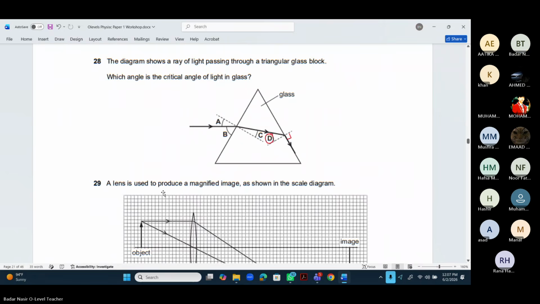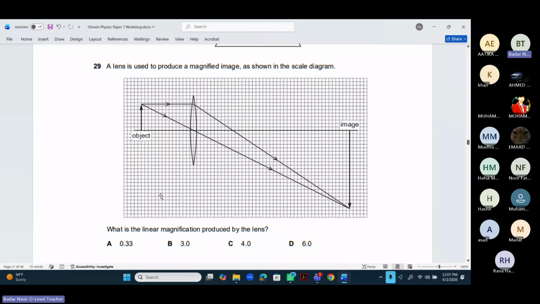Now next में a lens is used to produce a magnified image as shown in the scale diagram. What is the magnification produced? ठीक है, so what is the linear magnification in this? Again, you will have to calculate the image height। ठीक है, so 2, 4, 5, 1, 2, 2, 4, 5, 2, 2, 4, 5, 3, 2, 4, 5, 4.